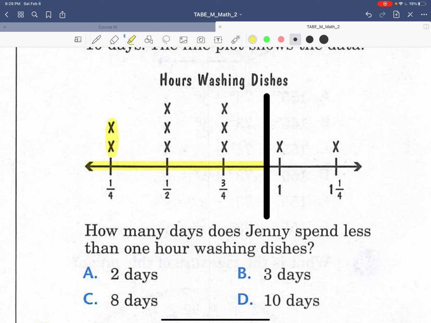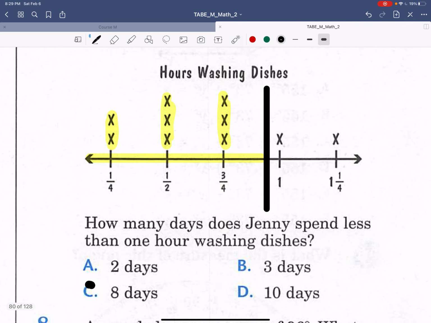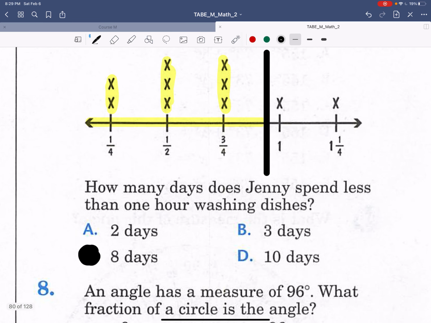So we need to count the X's. Those represent days. So I have 2 plus 3 plus 3. That's a total of 8 days. And I like C on that one. No math to do. We're just reading the line plot.